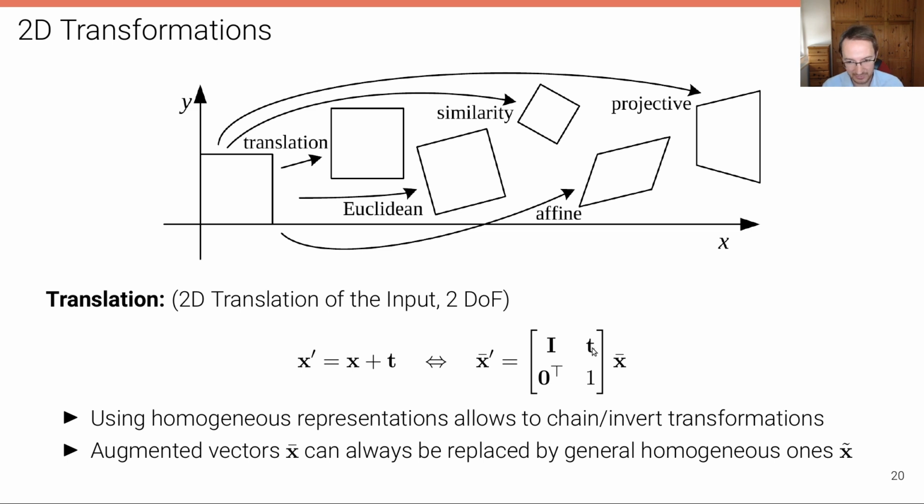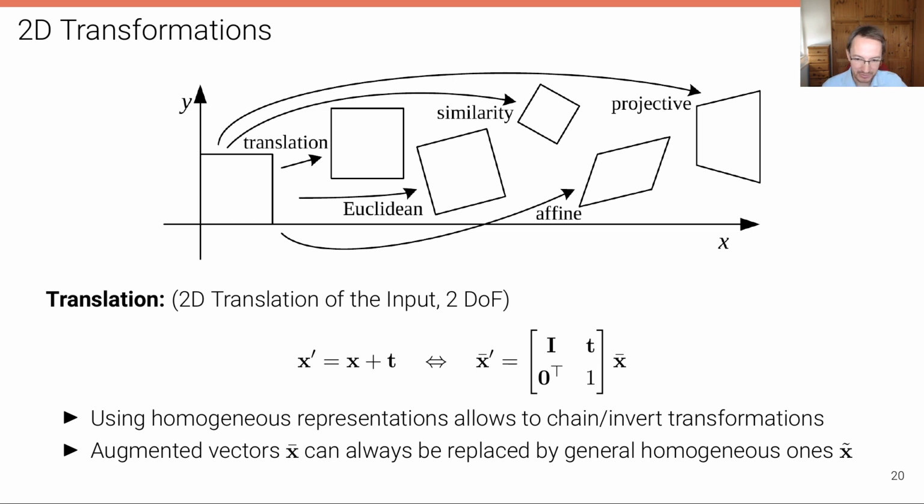Now see that the translation here is added because the last element of this augmented vector is 1. So we're multiplying 1 with t, and we have the identity here. So we're taking the original point and adding t. So it's a simple 2D translation with 2 degrees of freedom, tx and ty.